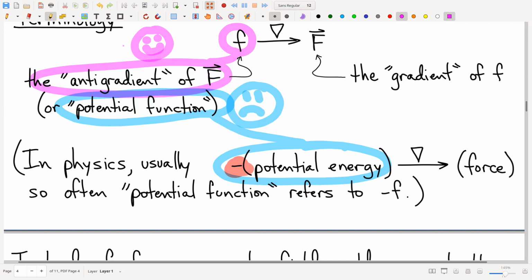Very common terminology. Outside of my class, you're probably going to hear the word potential function, and I wish you the best of luck in keeping that minus sign straight. So heads up. Watch out for that nasty, easy little oops that you can make as a result of this unfortunate terminology. Okay. Alrighty.